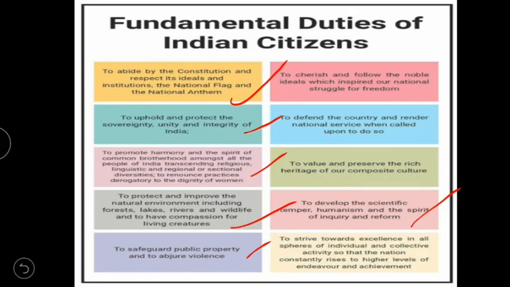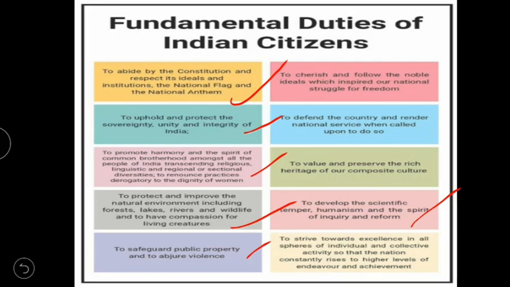Like if we talk about the PSLV, Polar Satellite Launching Vehicle, India is supreme. India has excellence in expertise. All the countries in the world are dependent on India for the PSLV because we have the excellence. We are also the guru of yoga. We have the excellence and expertise. So it can be developed by performing these duties, that is, the fundamental duties.